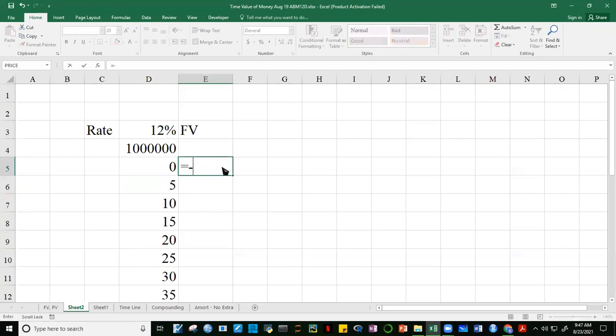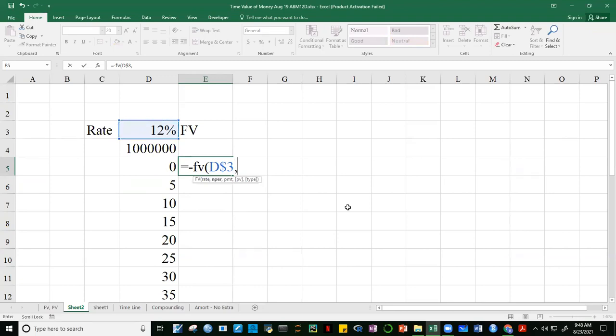You know the formula, negative FV. The rate is 12%. Okay, so we're going to fix the rate at 12%. Since we're going to copy the formula down, ang kailangan lang natin i-fix yung row. Yung row 3 lang. Hindi natin kailangan i-fix yung column D kasi ikokopya natin yung formula pababa, hindi naman magbabago yung column position.